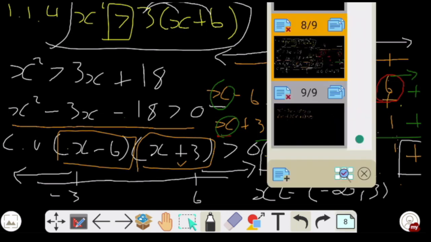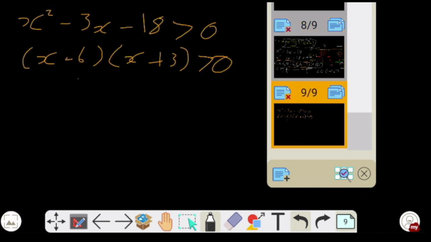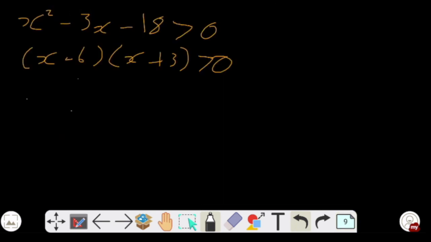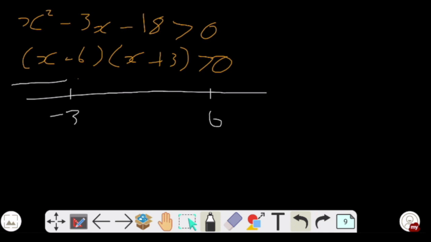I'm going to run out of space, let me write it here. Again, it's negative 3 and 6.